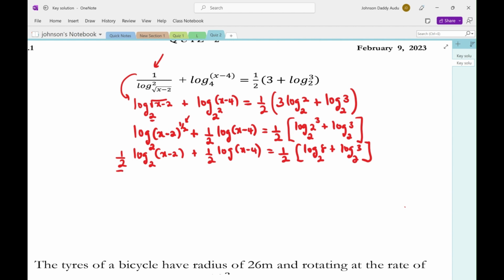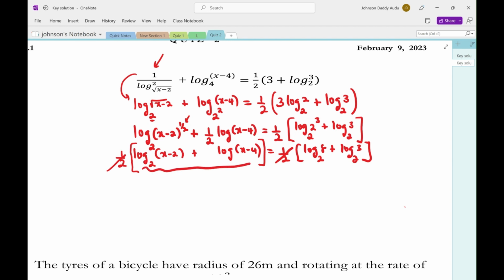Now you can see there is half here and there is half here. So we can actually take 1 over 2 as a common factor and put a bracket here and a bracket here, right? Then we can remove this half from here. Since there is half here and there is half outside, we can cancel them, just like multiplying both sides by 2.